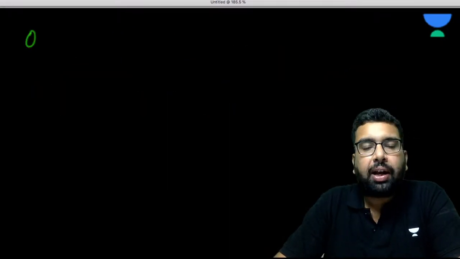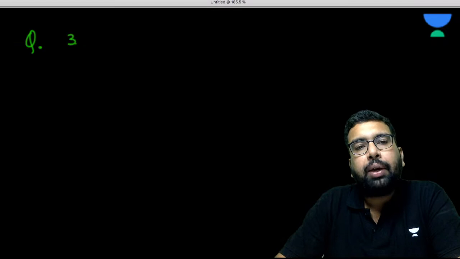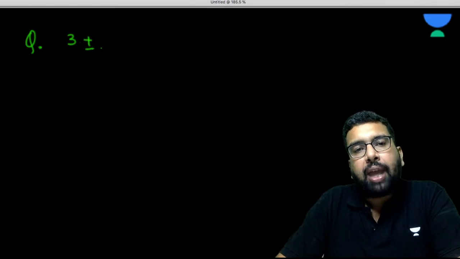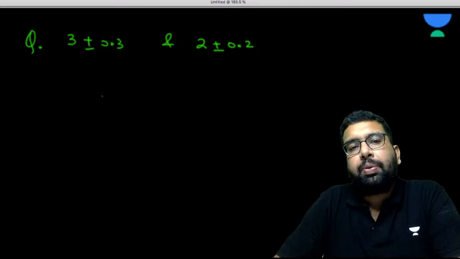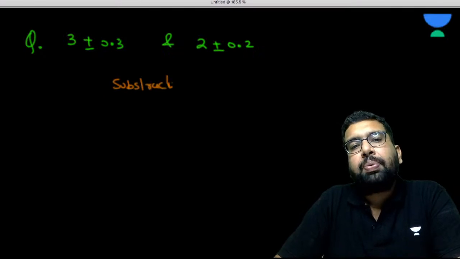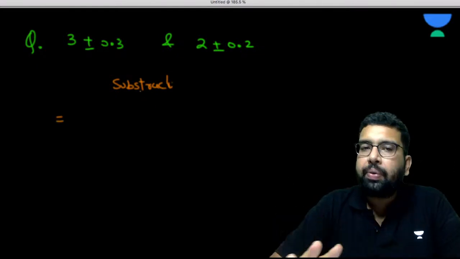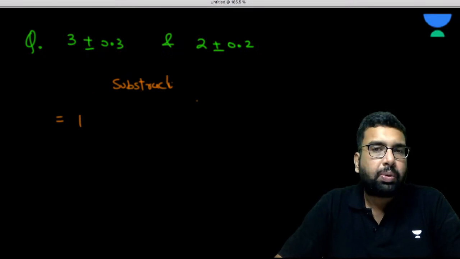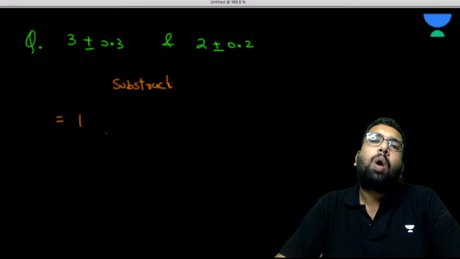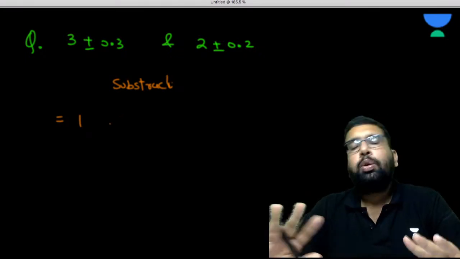So let's suppose we have this and we have this, same question, and now we need to subtract. First you subtract the true value, or the mean value, as you do in general.